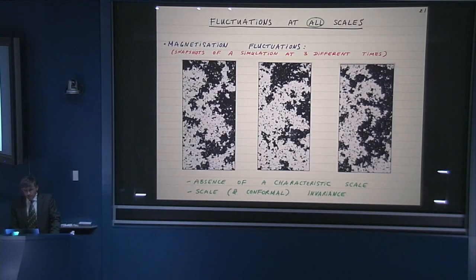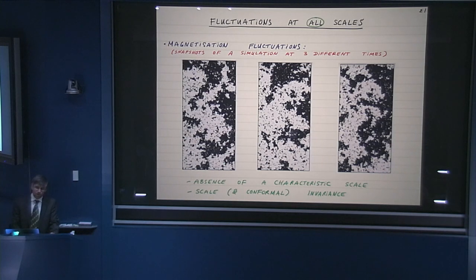So the main characteristic property of these critical points is the presence of fluctuations. So presence of fluctuations at all distance scales. So what does this mean?